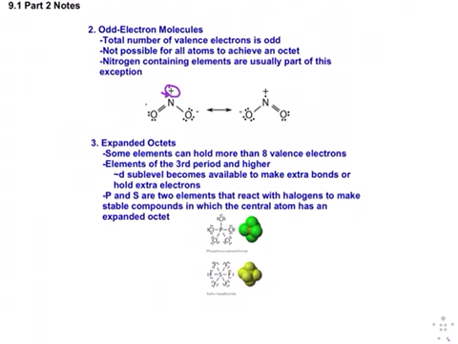This is because the d sublevel becomes available to make extra bonds and hold more electrons. Phosphorus and sulfur are 2 elements that react with halogens to make stable compounds in which the central atom has an expanded octet. Xenon is another big one that will expand its octet, which is really kind of crazy because xenon is a noble gas, so why is it reacting at all? Really the answer is because it can expand its octet.